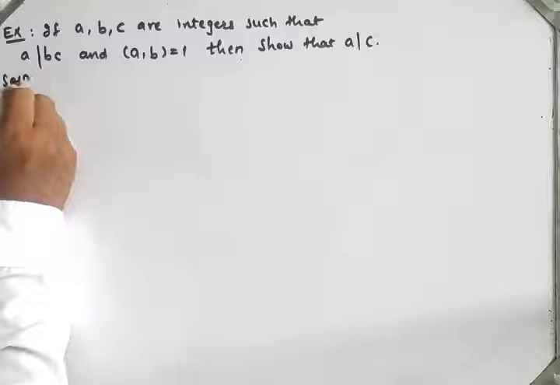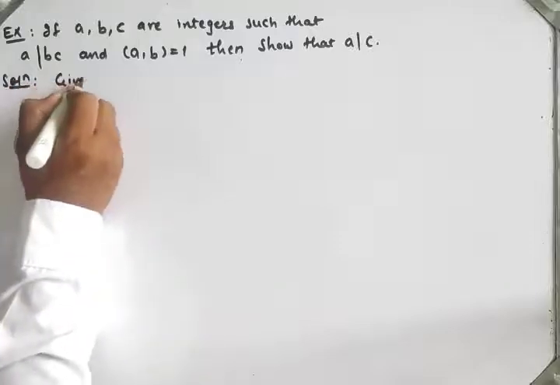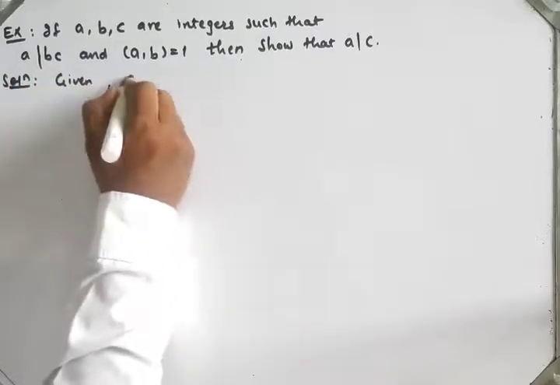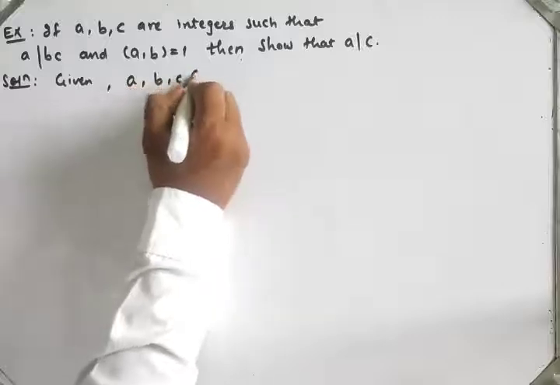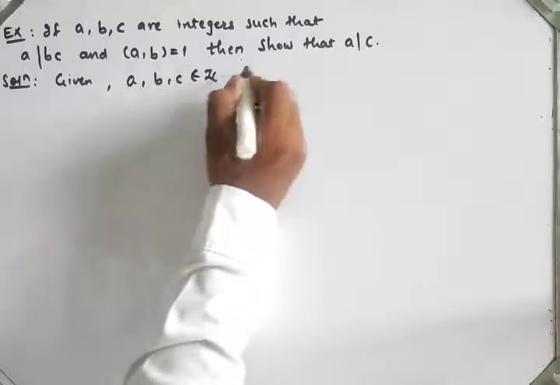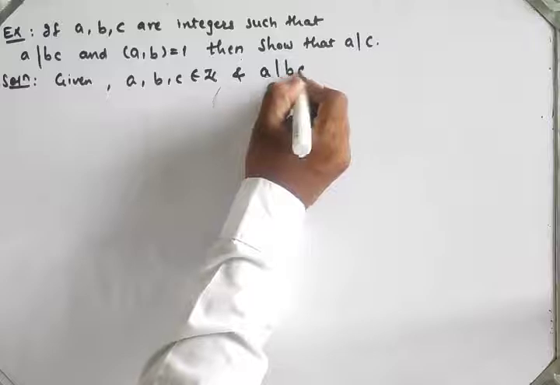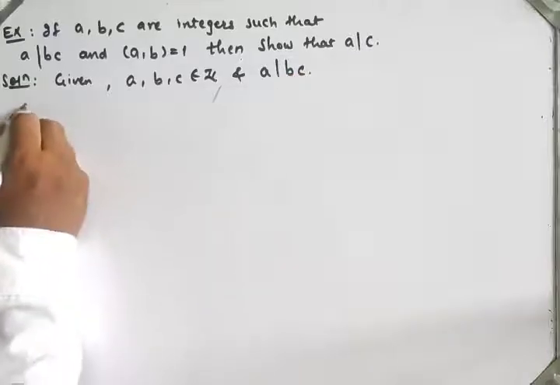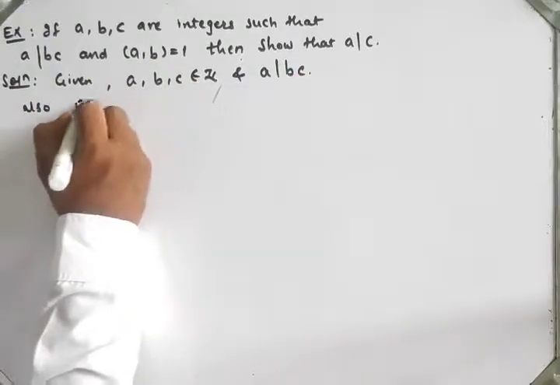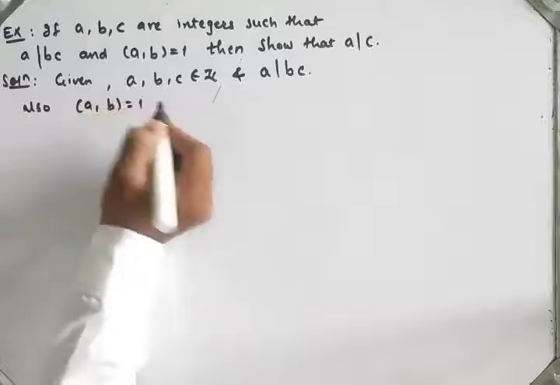So solution. So given, what are we given? a, b, c are integers and a divides b into c. Also GCD of a and b is equal to 1.